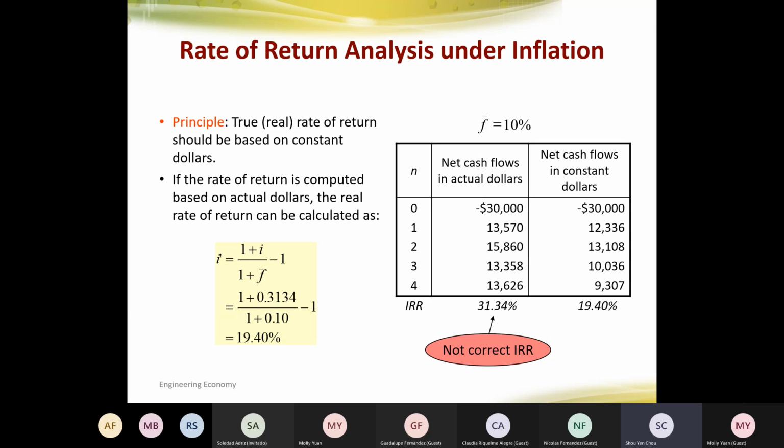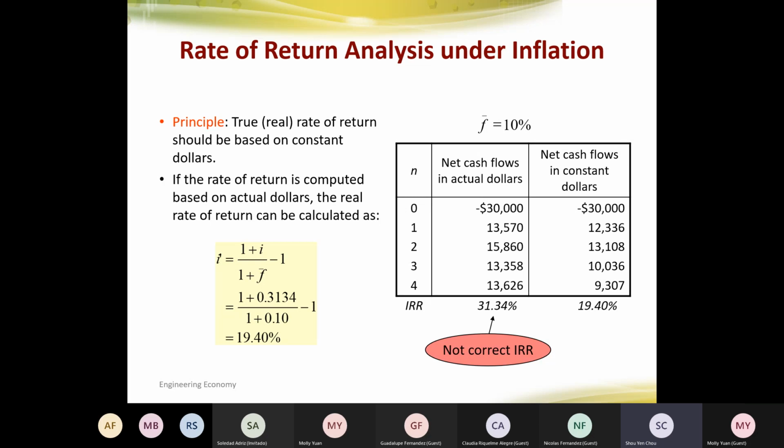So what we need to do is take out the influence of inflation. So with 31.34%, we can divide it by this. This is the inflation rate. Okay? Inflation rate is 10%. We can divide them and subtract 1 to get this interest rate.